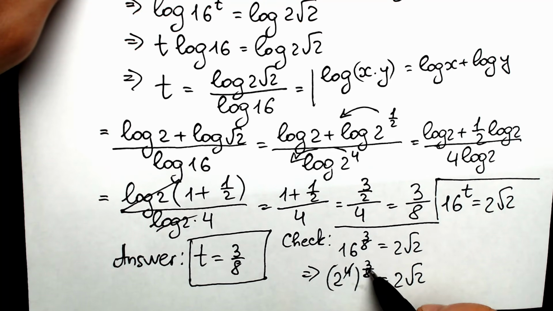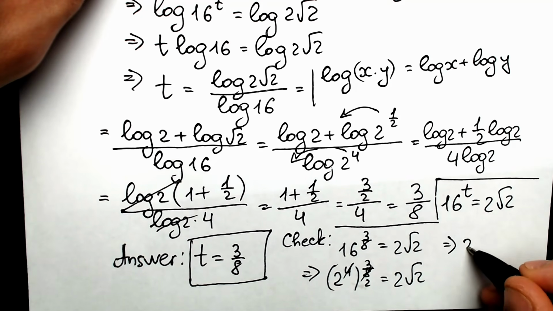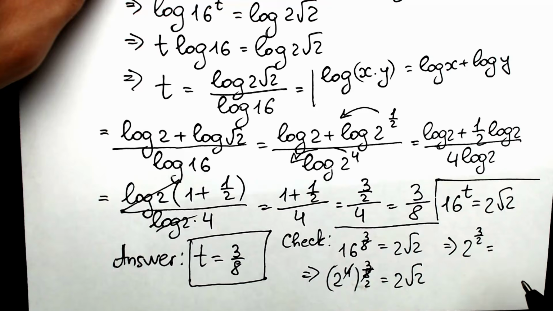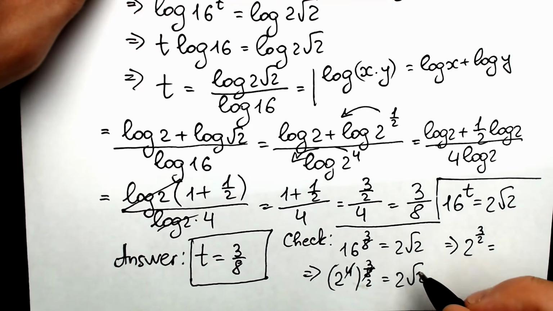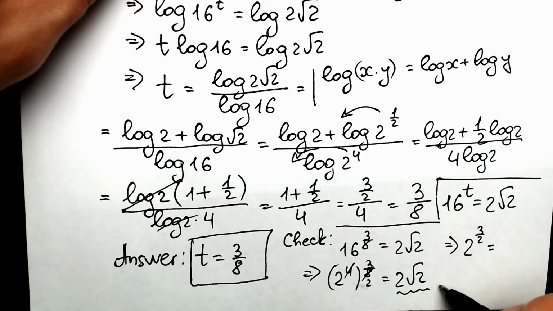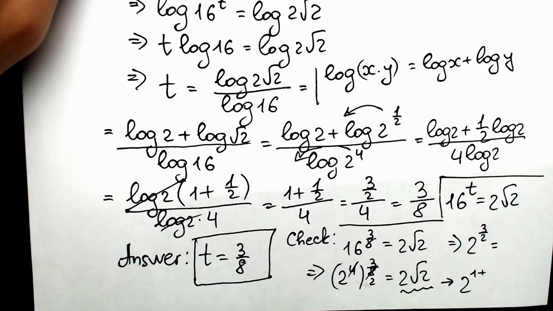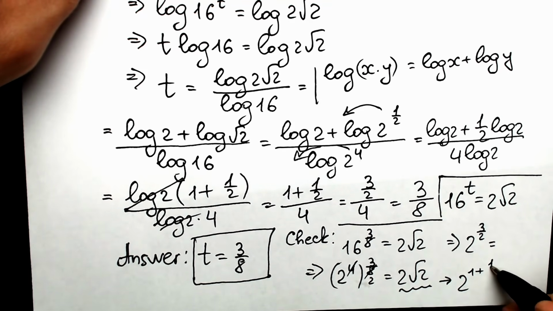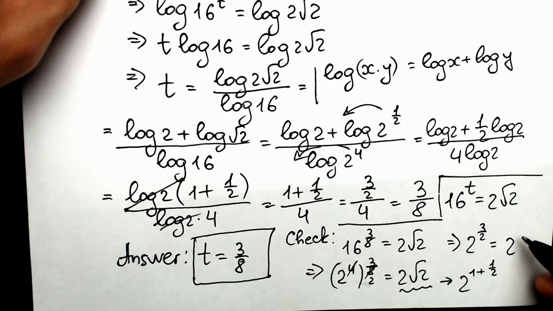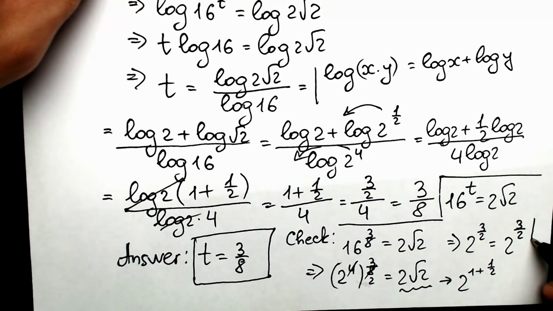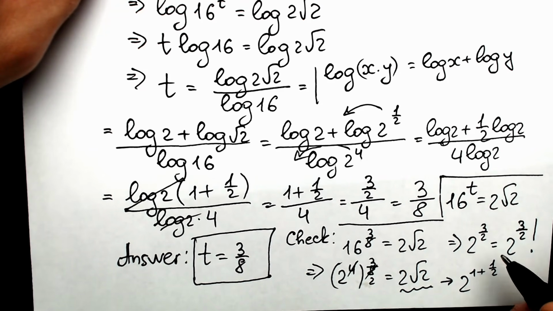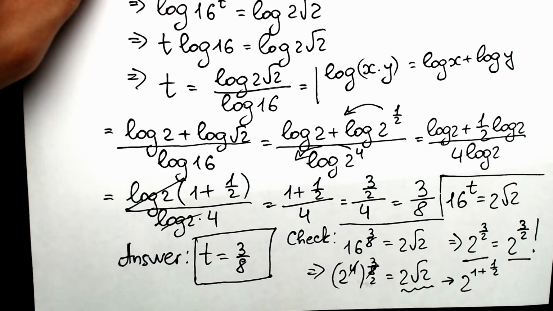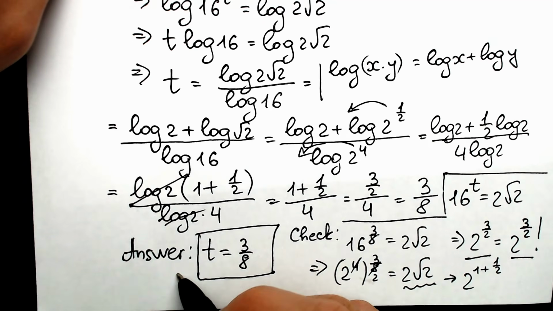So 2 to the power 3/2 equals, on the right, 2 to the power 1 times the square root sign, which we can write as 1/2. So 2 to the power 1 plus 1/2. As a result, we have 2 to the power 3/2. And we have absolutely the same expression on the left side and on the right side. So it means that our root is correct.